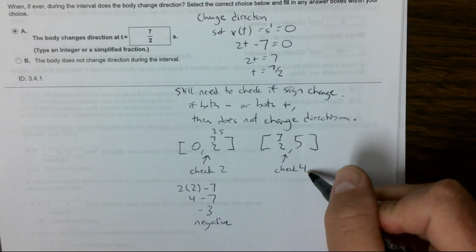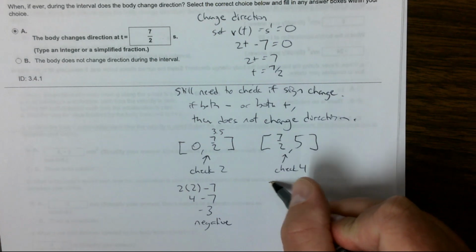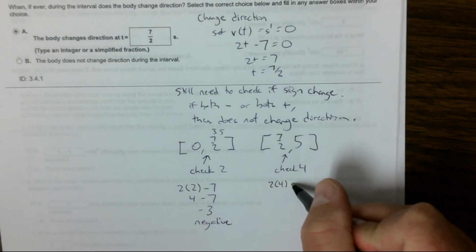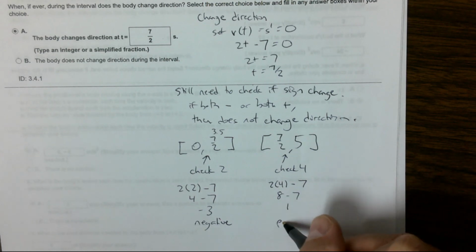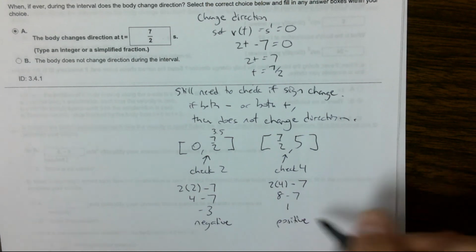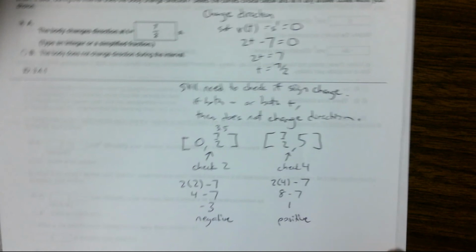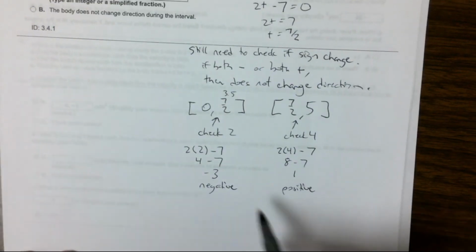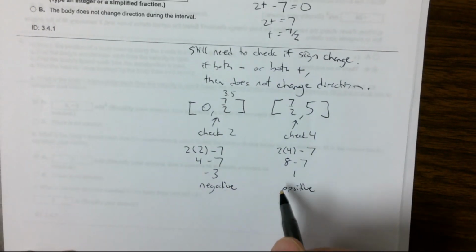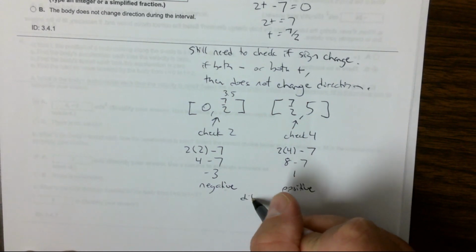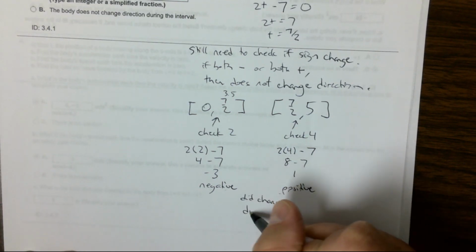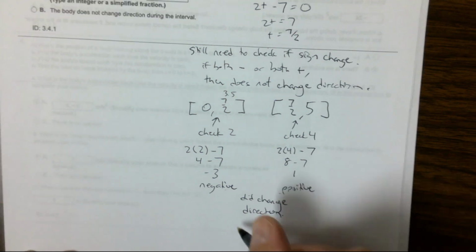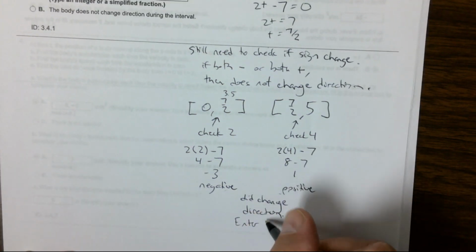On this one, we're checking 4, so we do 2 times 4 minus 7. 8 minus 7 is 1, which is positive. Now that you do see that there's a difference here, then it did change direction. And so that's why you would enter 7/2.